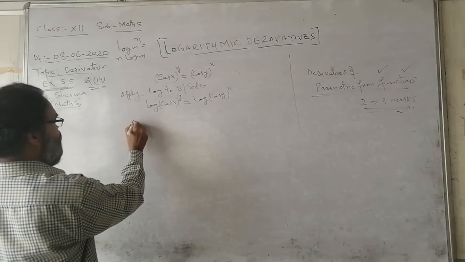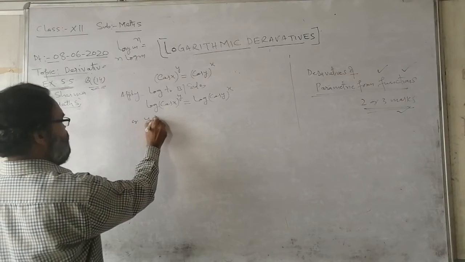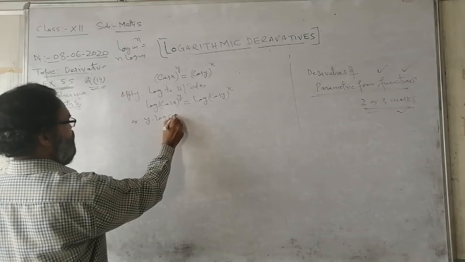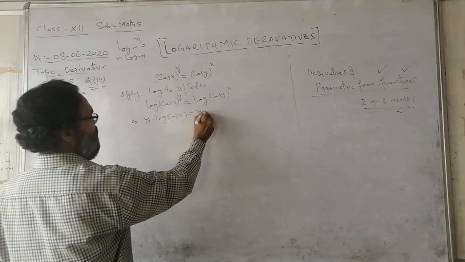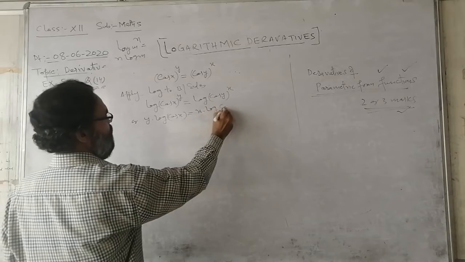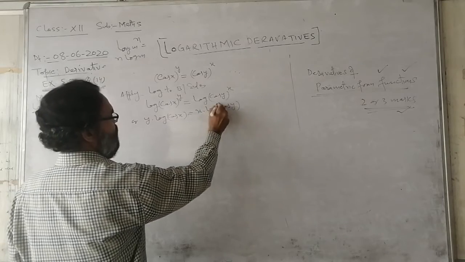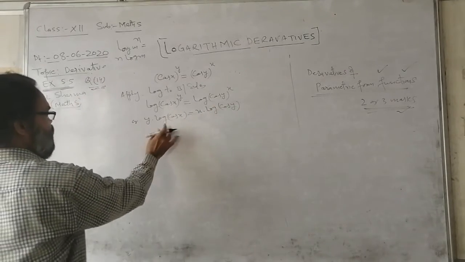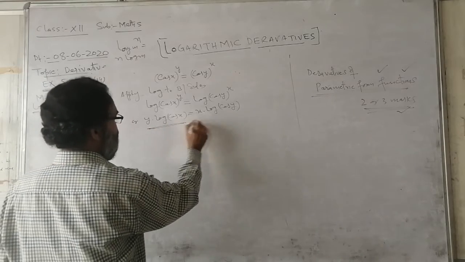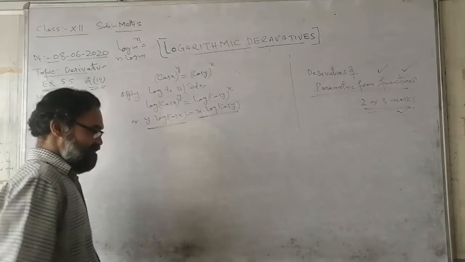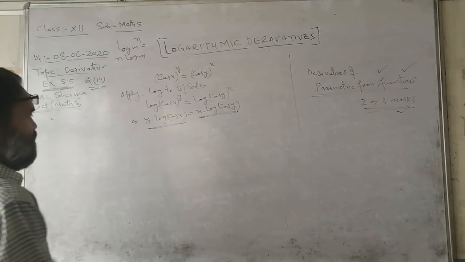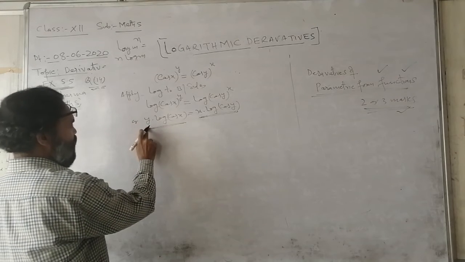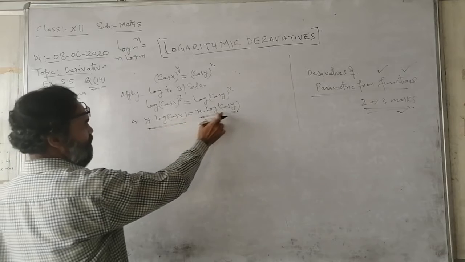So I can write y times log cos x equals x times log of cos y. So this is the product of two functions on the left hand side, and the right hand side is again the product of two functions. Here u is y, this is v, u and v.